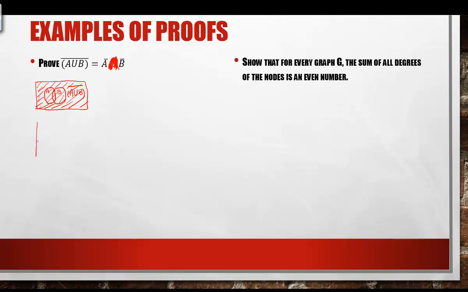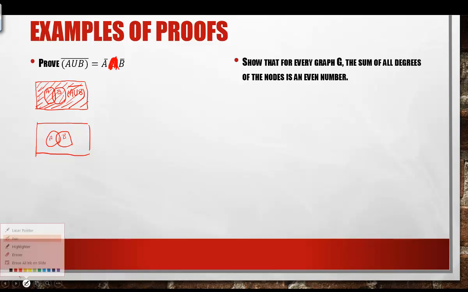Now, if I do this, okay, so this is my A and this is my B. The not of A, or the complement of A, is going to be everything that's not inside A. So that will be all these areas, right?